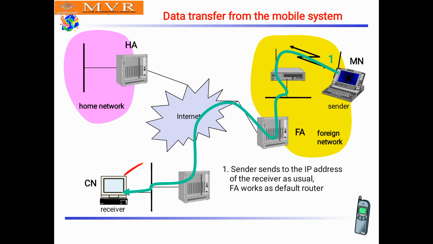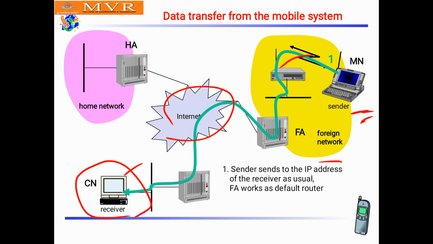So the data will transfer by using the mobile node. The sender is the mobile node. By using this sender, it will be moved from the foreign network to the router, and again by using the internet, it will be received by the router of the corresponding node of the receiver. Okay, the sender sends the IP address of the receiver, and usually the foreign agent works as the default router.